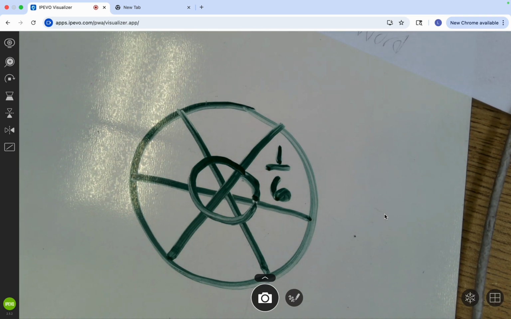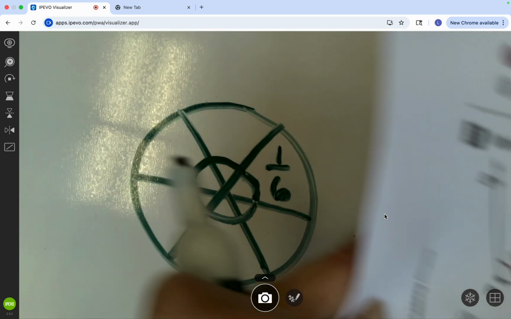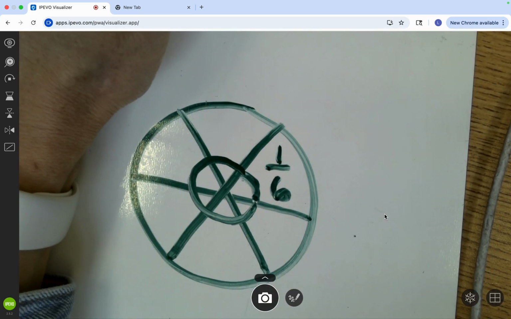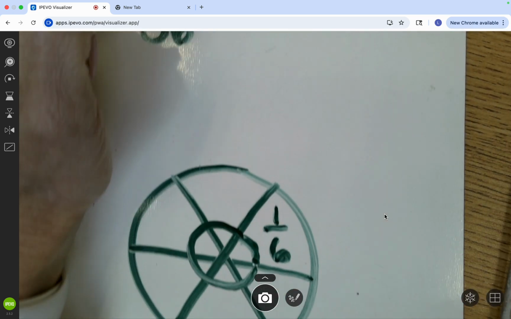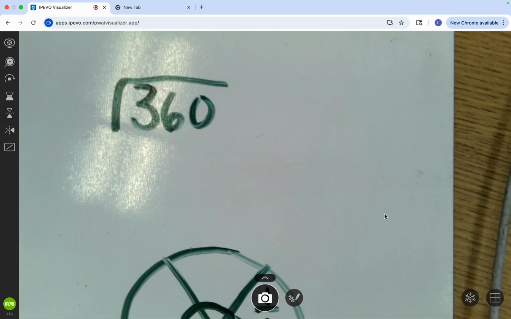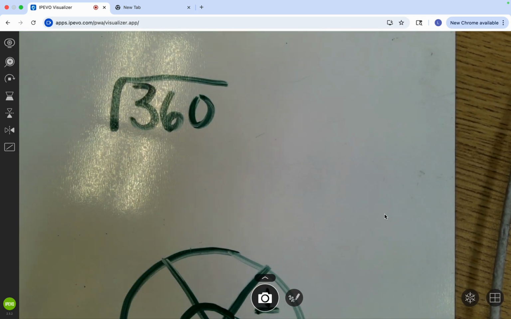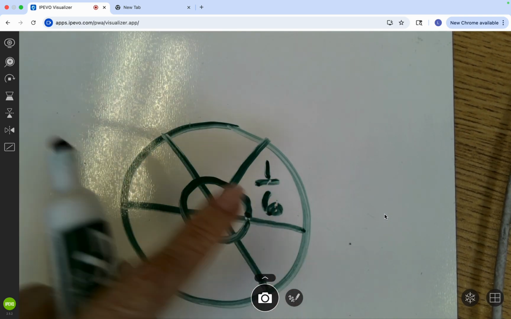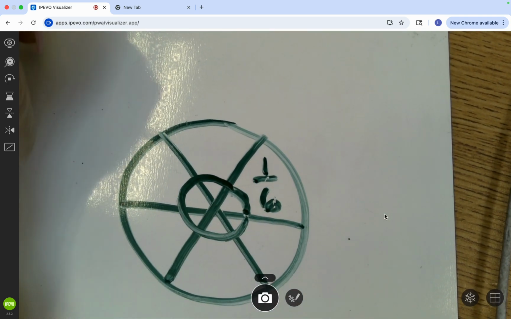When we turn halfway, it's 180. All the way is a full 360. So we need to divide 360 divided by 6. Right? 1/6 of 360 means dividing by 6.